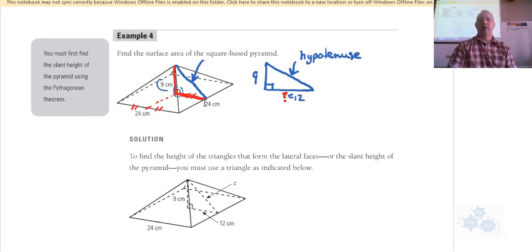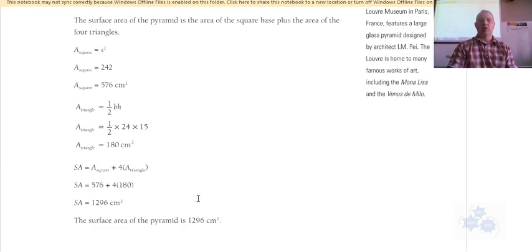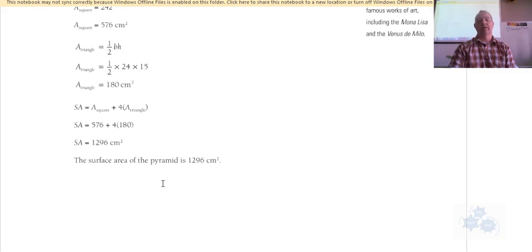And then we use this c value here to find the area of the triangle. So 4 times 1/2 base times this height, which we found to be 15. So if we follow this through, this is what we should get for the answer for this example. Okay? So there's one extra step there that we have to do for these types of questions.